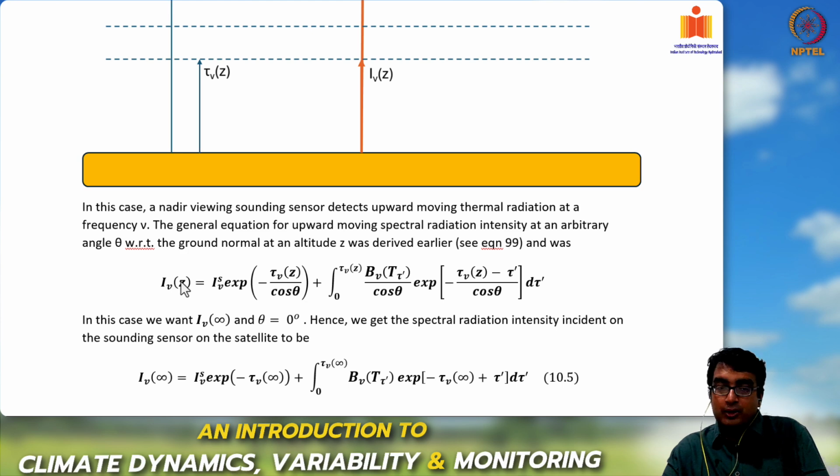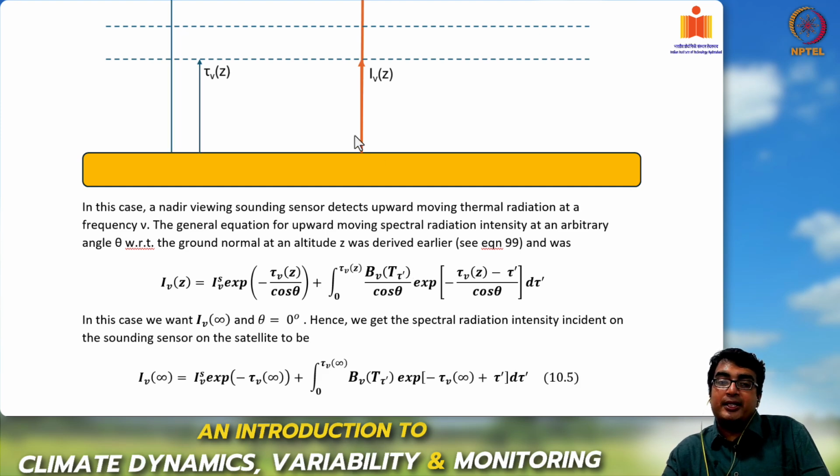intensity at frequency nu at altitude z is the radiation intensity from the ground, which is being attenuated by this exponential function, exponential minus tau nu z by cos theta, where theta is the angle with respect to the zenith, plus integration from 0 to tau nu z, so 0 to the optical thickness up to this altitude z, of the black body radiation intensity at the various temperatures along this path through the atmosphere. So tau prime is the dummy optical thickness value which changes with the altitude z.